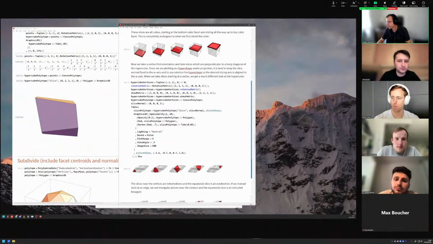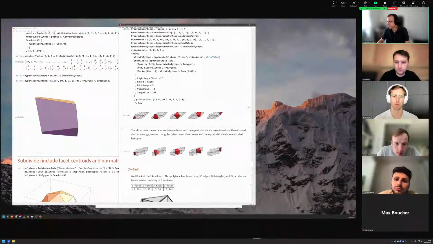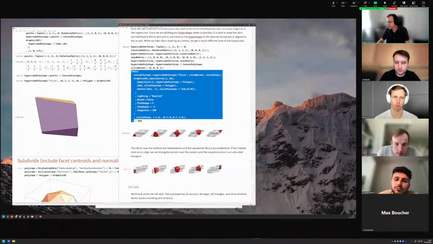Now, if you rotate it first, I'm going to take this and make it manipulate.